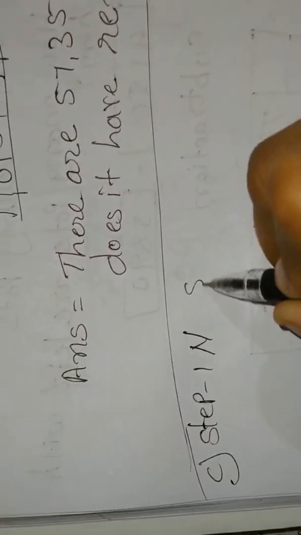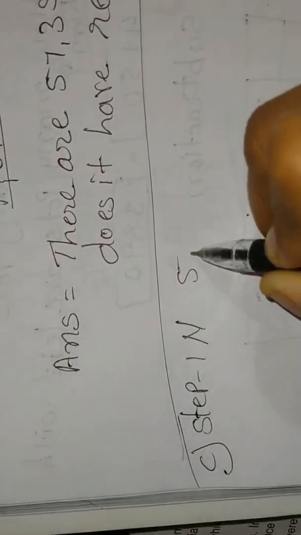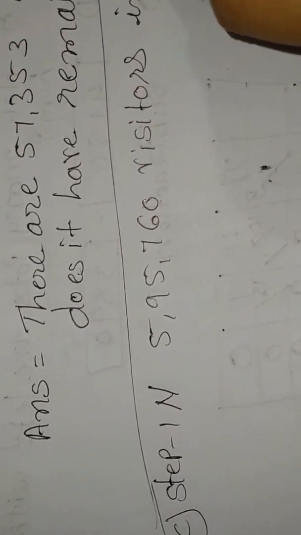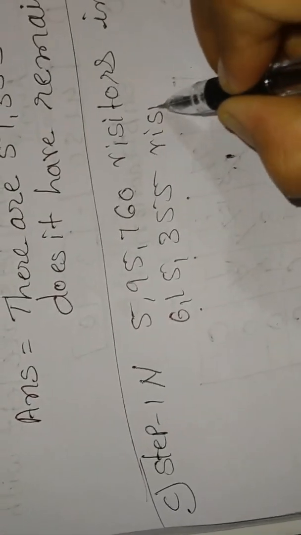So the numbers are 5,95,760 visitors in January. Then 6,15,355 visitors in February.